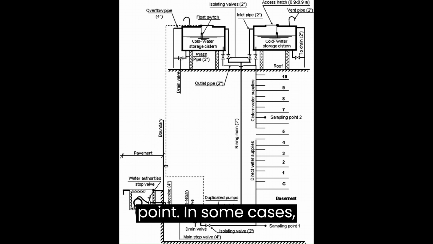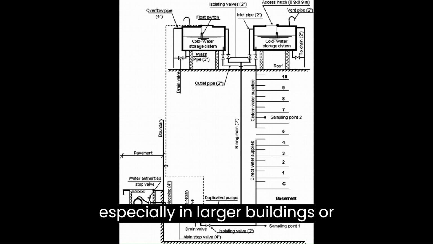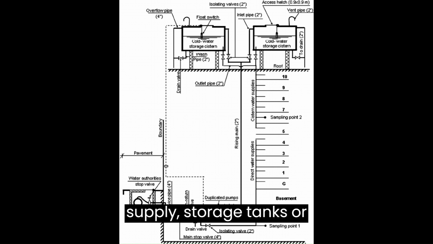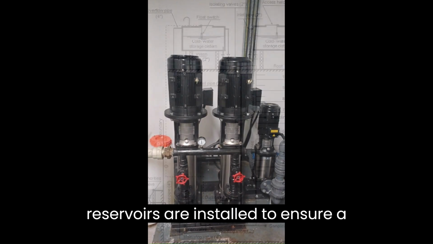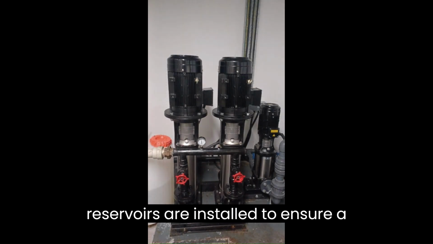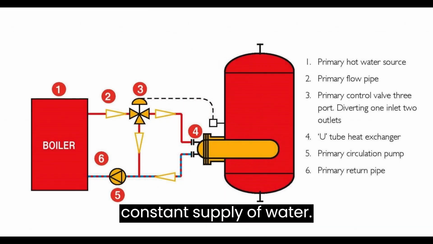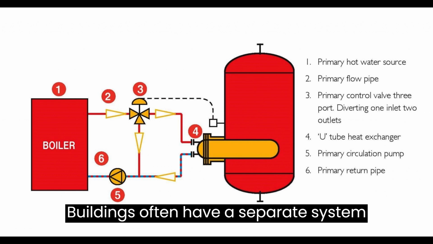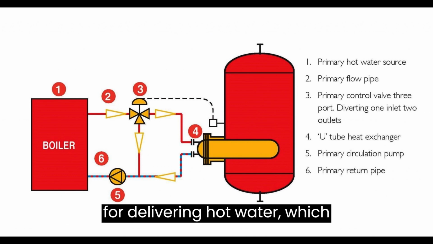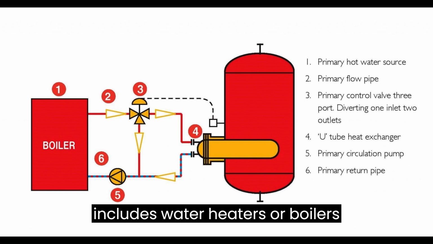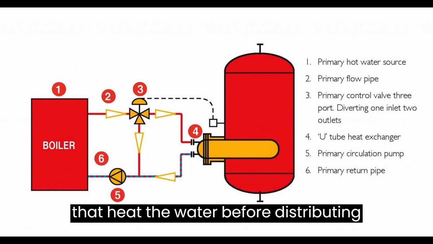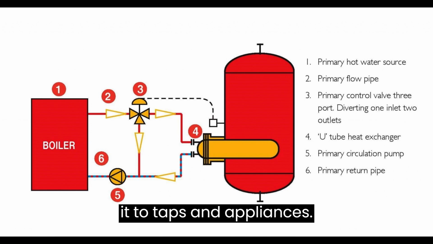In some cases, especially in larger buildings or areas with fluctuating water supply, storage tanks or reservoirs are installed to ensure a constant supply of water. Buildings often have a separate system for delivering hot water, which includes water heaters or boilers that heat the water before distributing it to taps and appliances.